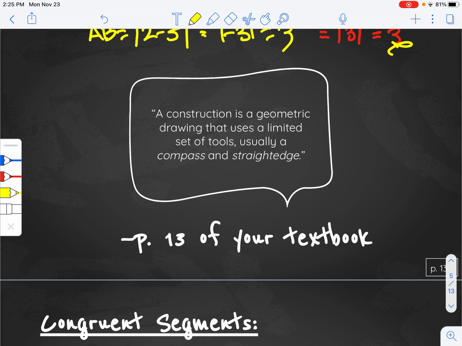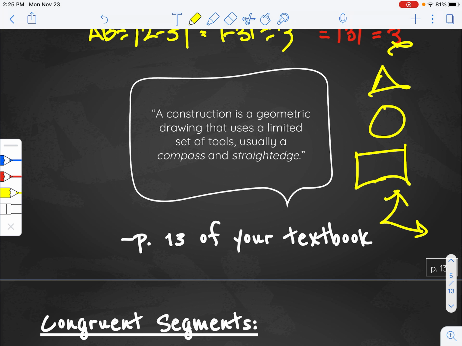So looking at the top of page 13, a construction is a geometric drawing, right? A geometric drawing just would be exactly what we think of with shapes or angles, right? A geometric drawing that uses a limited set of tools. Usually those tools are a compass and a straight edge.